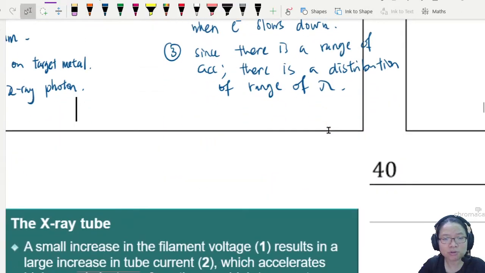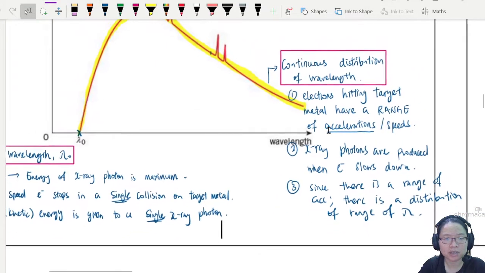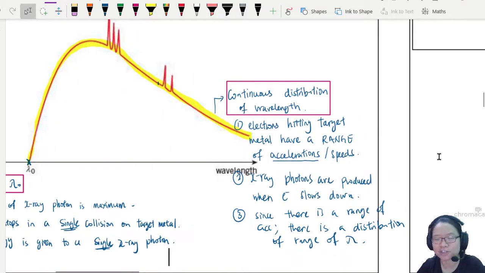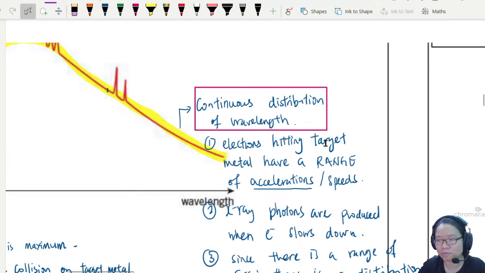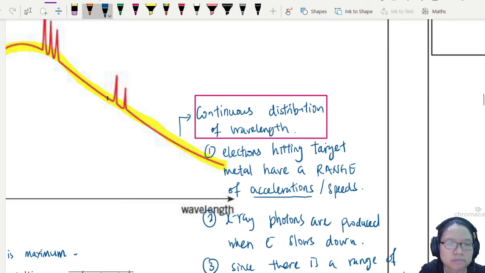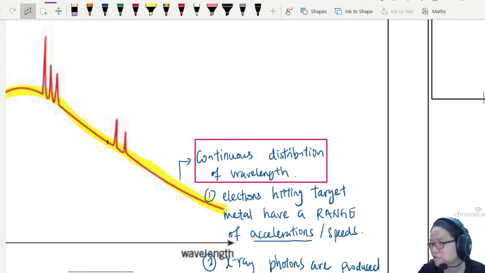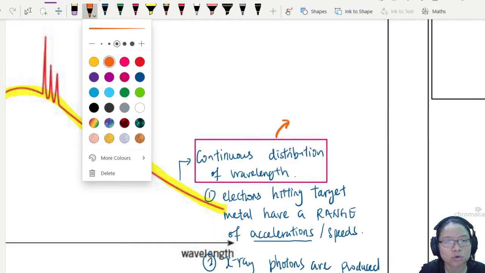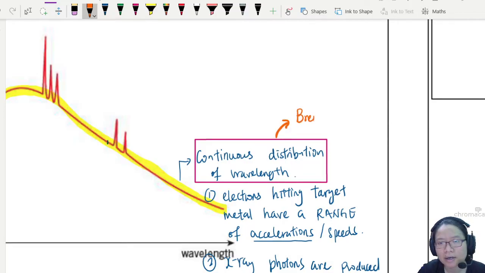All right, so we have already explained the wavelength distribution for the continuous one, which by the way has another name, which I find quite cool. It's called the Bremsstrahlung. It's named after this German guy, and probably I'm not pronouncing it quite right, but this is also known as the breaking wavelength, which is the German word.